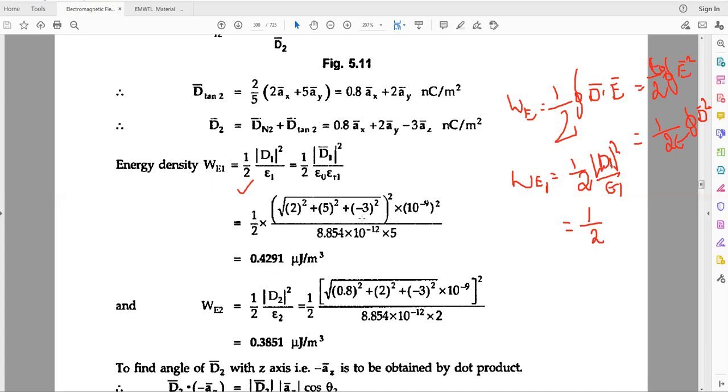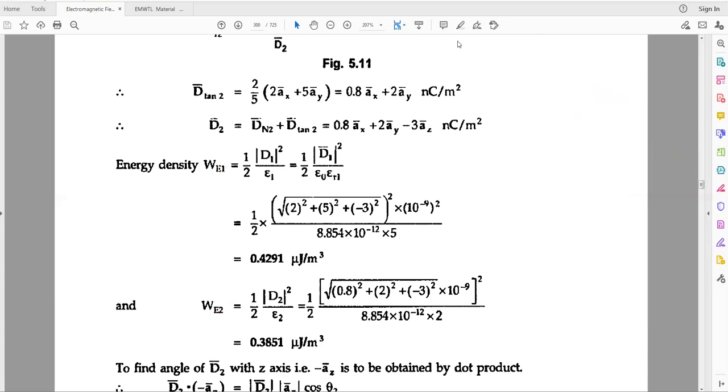This is the equation, divided with 1 by 2 epsilon naught, which is 8.854 to the power of minus 12, and epsilon r1 is given as 5 and epsilon r2 as 2. Substituting, we get W1 and W2: 0.4291 micro joules per meter cube, and similarly the other one is 0.3851 micro joules per meter cube.